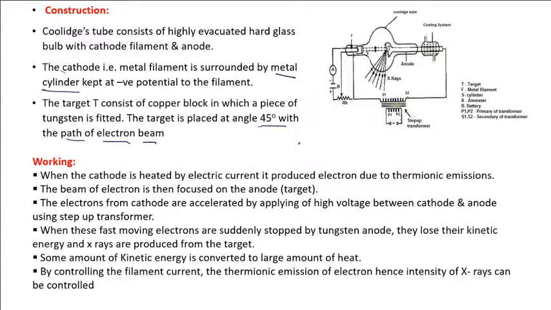As the current passes through the filament, the filament gets heated up, and this heat is absorbed by the atoms of the filament, and the electrons get emitted from those atoms. So this phenomenon is called thermionic emission, and these emitted electrons get focused on the anode with the help of a cylinder.